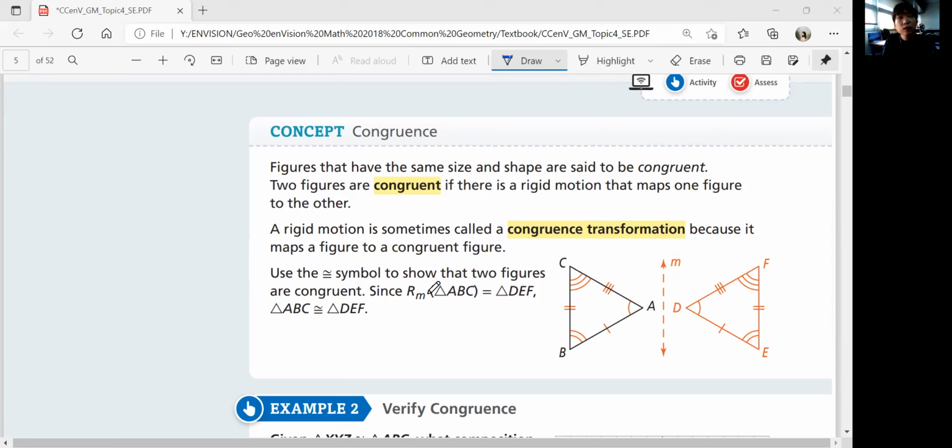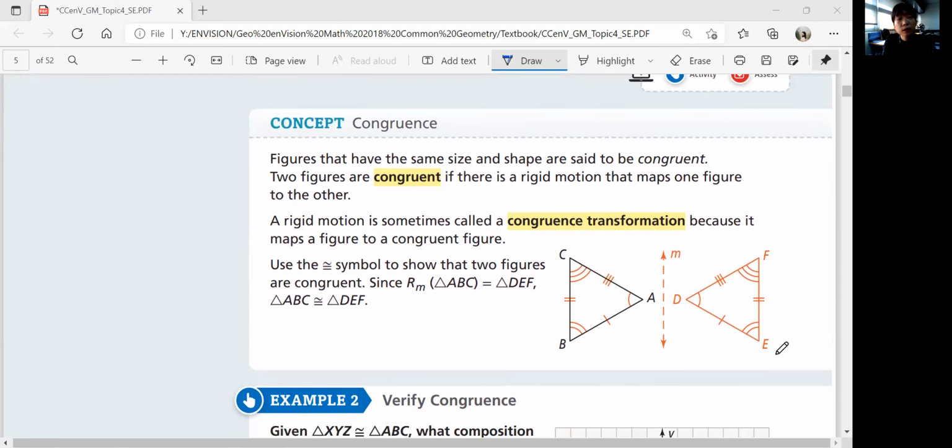We can use the symbol, a wave and an equal sign, to show that two figures are congruent. So since reflection is a rigid motion, the triangles are congruent.